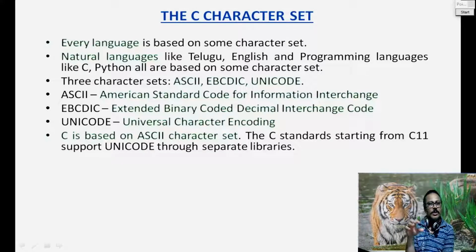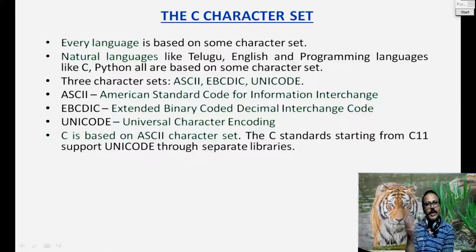As far as my knowledge goes, no language uses EBCDIC. All the programming languages initially started using the ASCII character set, and the latest versions of the languages and also the latest languages are using Unicode. The difference is again whatever may be the characters.